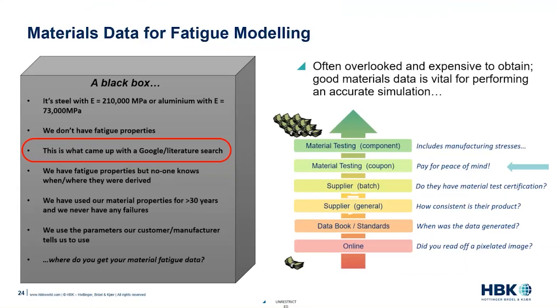Or do you test your specific material in its manufactured configuration? All of these have increasing cost, but they also come with increasing quality assurance of having material fatigue data that's appropriate for your material and your manufacturing.